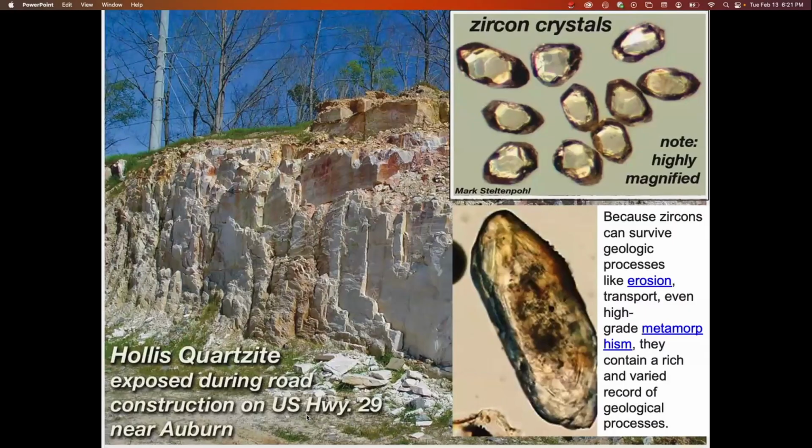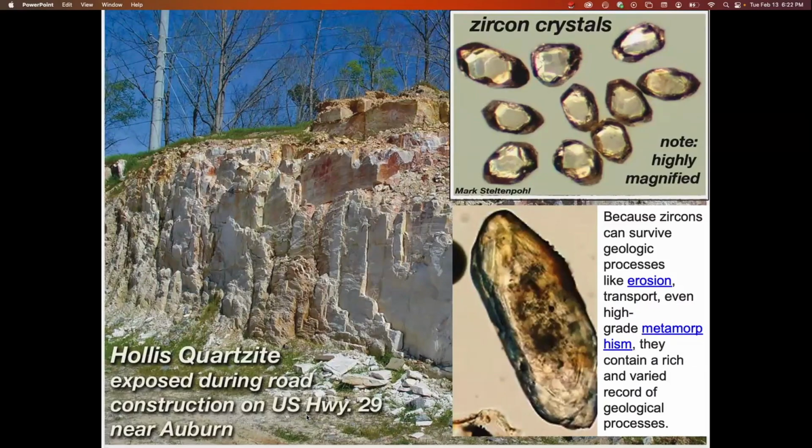Now, granite, naturally, an igneous rock, one of the minerals that's included in granite is a mineral called zircon. And it's also part of an element, the element zirconium, which is a type of metal. Zircon is highly durable. It lasts for hundreds of millions of years. In fact, zircon can last over 1 billion years.